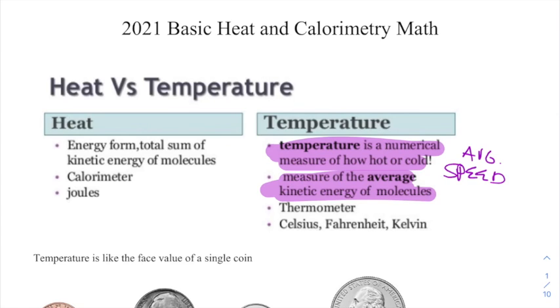If you are at a hot temperature, then you have particles that are moving very fast. If you have a cold temperature, then you have particles that are moving very slowly. You use a thermometer to get that, and we're usually talking Celsius, Fahrenheit, or Kelvin, usually in Celsius, although some of the stuff that we're going to end up doing is going to have to be in Kelvin.